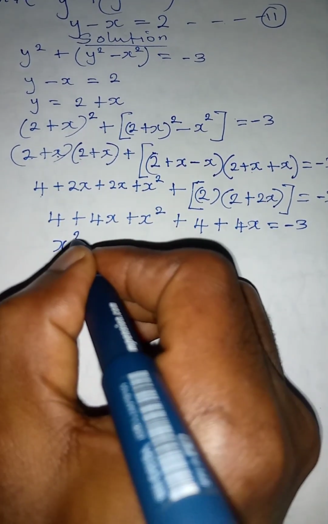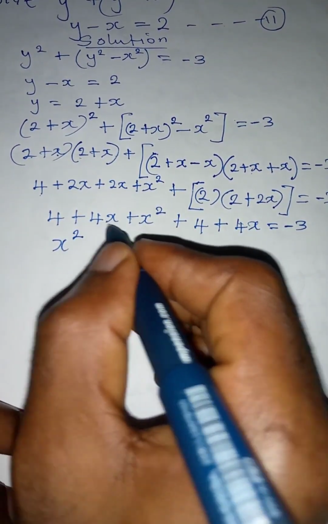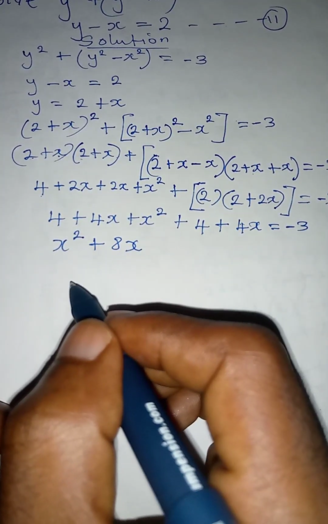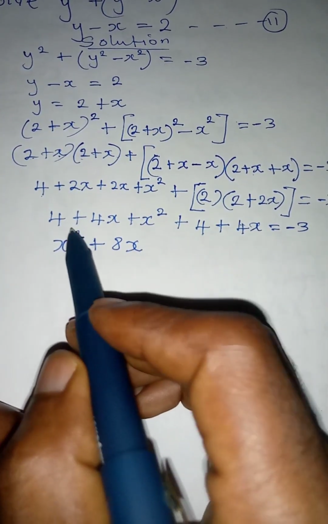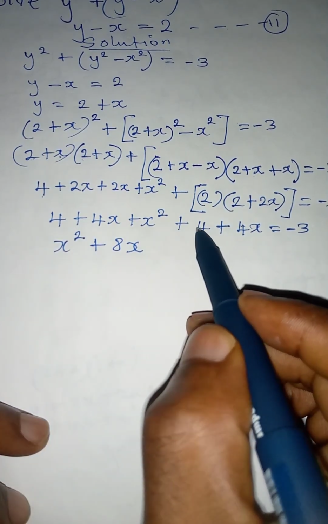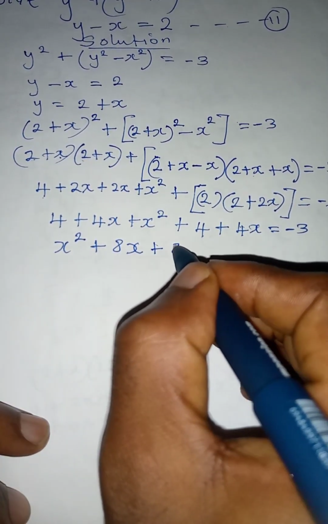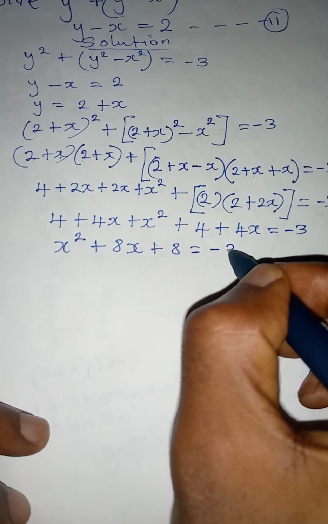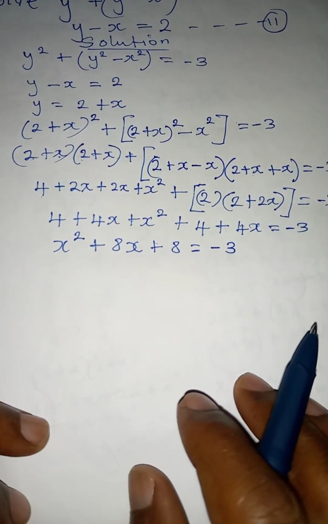Then 4x plus 4x will give me 8x. And then I will have 4 plus 4 to give me 8. And everything here is equal to negative 3.